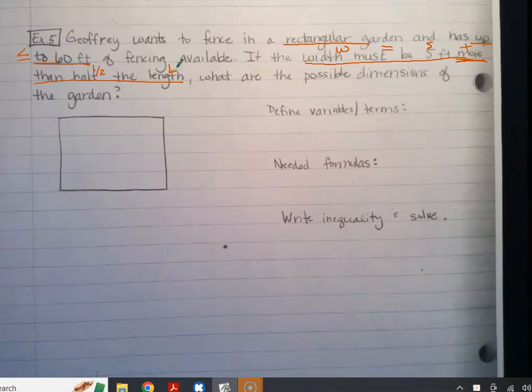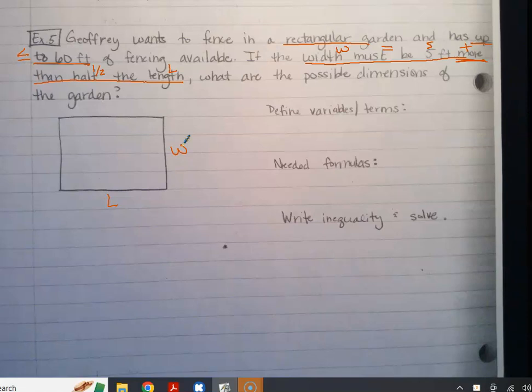But let's look at some steps here. We need to define our variables or our terms. So if I label this, here's my length, here's my width. Which one of those do we want? The length. Yeah, you want the length, because we know the width must be 5 feet more than half the length.